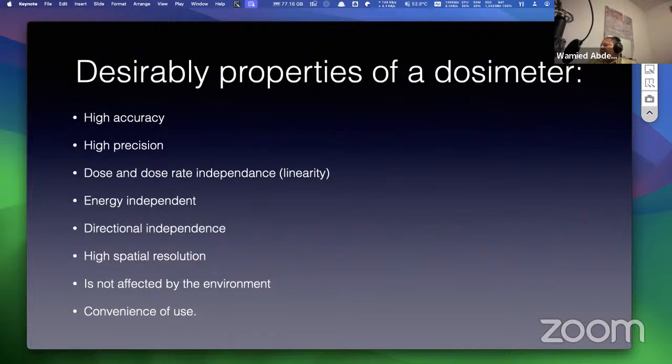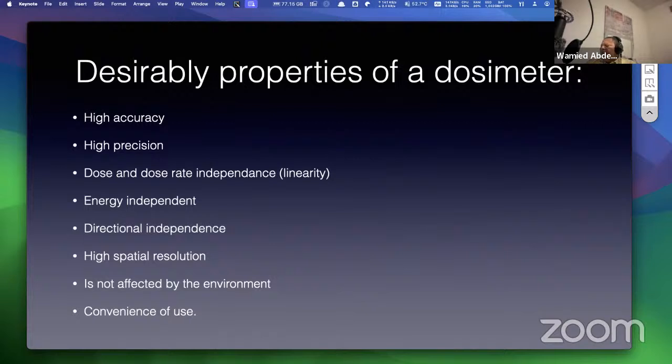If that volume is large, then the dosimeter cannot resolve the dose, or it will have a lower spatial resolution. Sometimes this could be something we want, but sometimes no, we want a dosimeter with high spatial resolution to have a better resolution of the dose itself.